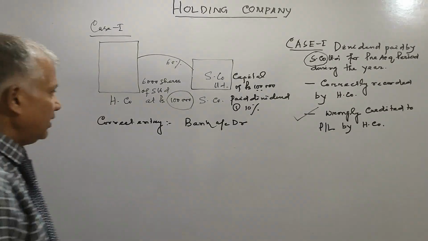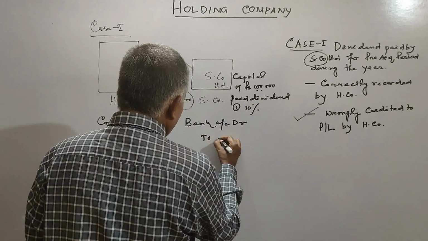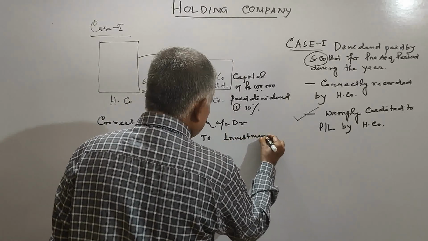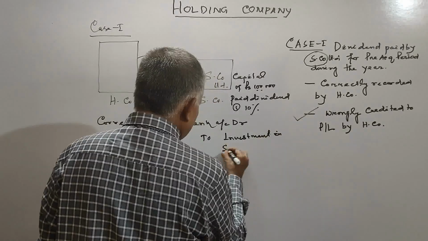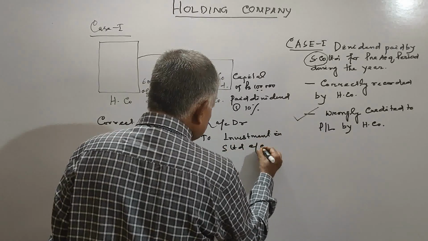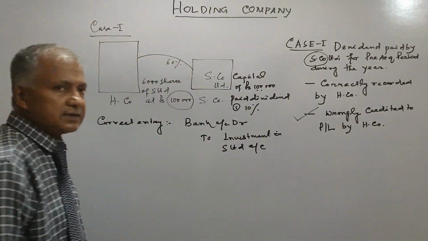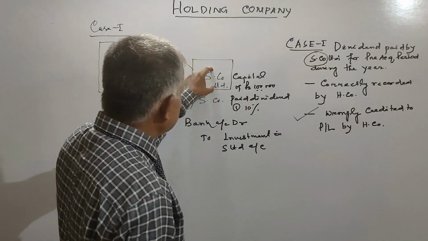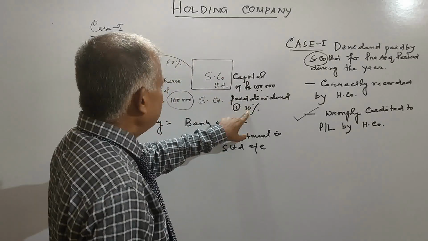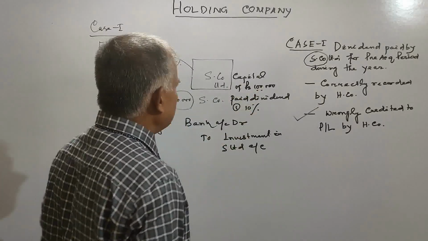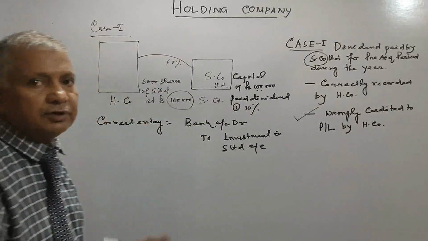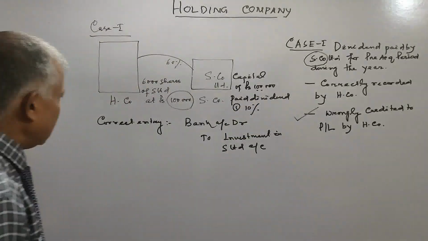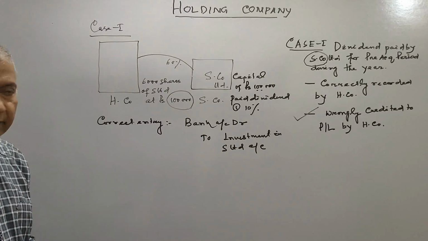This is the entry: bank account debit to investment in S Limited account, that is subsidiary company investment account. So if S company declares 10% dividend on 1 lakh, the dividend amount is 10,000, 1 lakh into 10%, and 60% is held by the holding company.